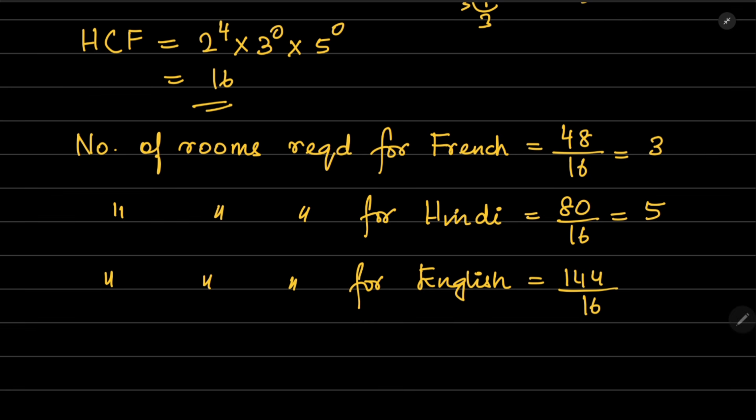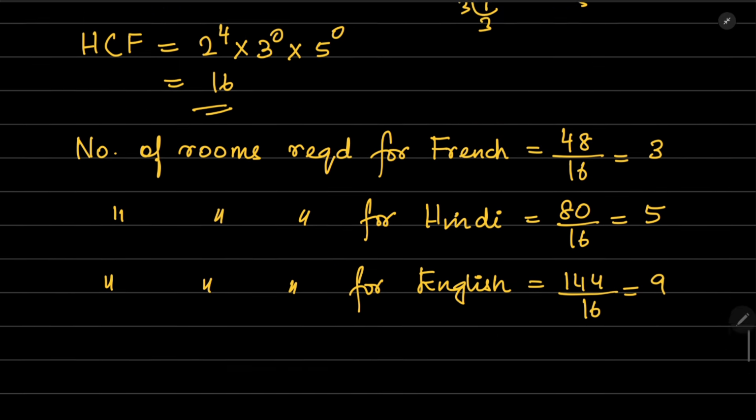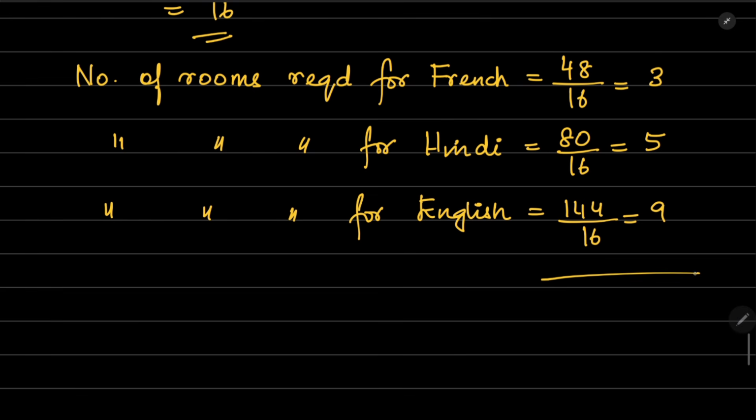So what is 144 divided by 16? It is 9. Okay, so this is the minimum number of rooms required. So add up the total rooms. 9 plus 5, 14, 15, 16, 17. So 17 rooms are required.